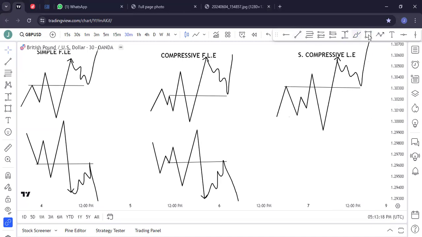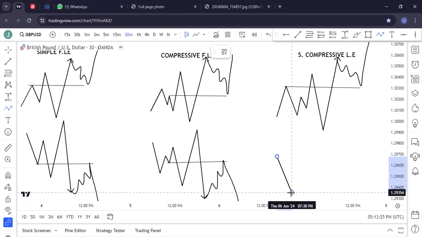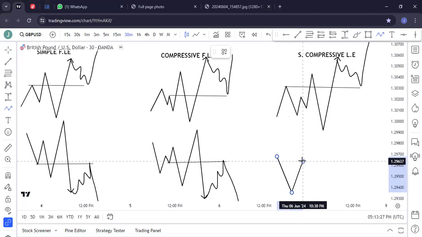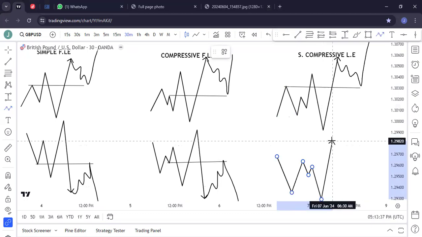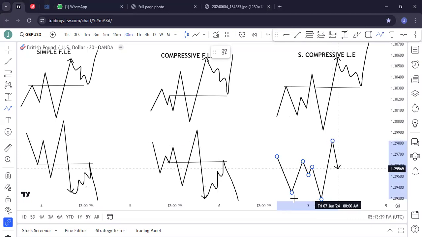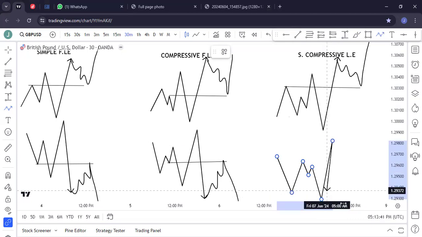Same applies in a bullish market structure where the market creates a low, then a high. Before coming to break this point here, the market creates a small trend, then breaks the structure, then changes the character. So we are supposed to enter here as our liquidity engineering, but the market breaks below.